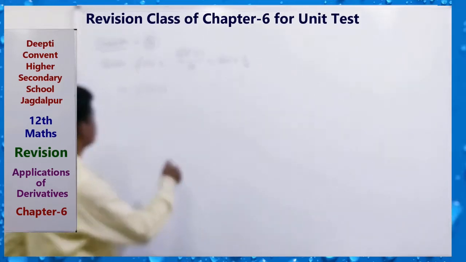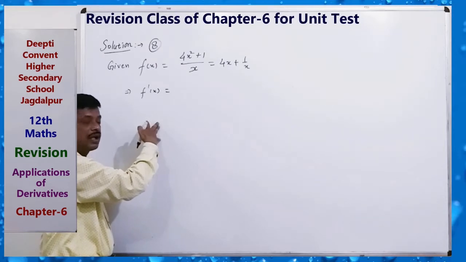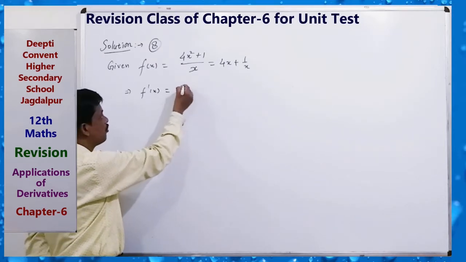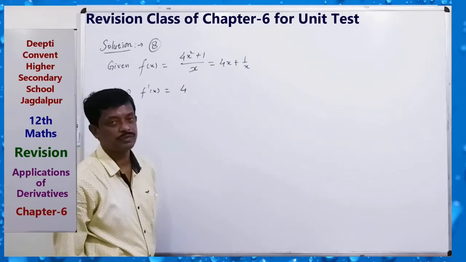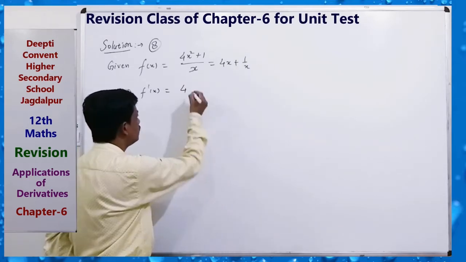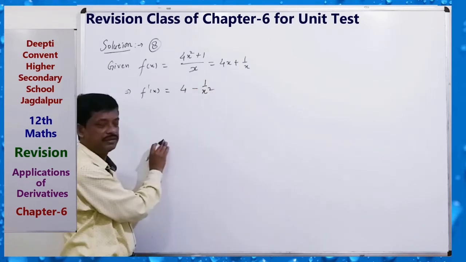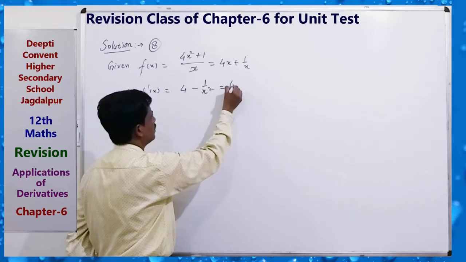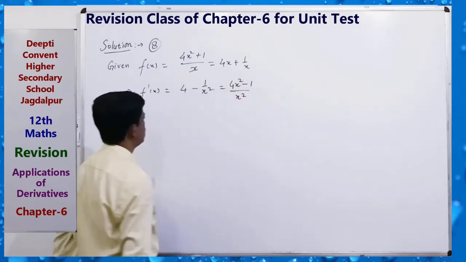Very simple. f'(x) will be 4, and the derivative of 1 by x, that is x to the power minus 1, is minus 1 by x square. This can also be written as (4x square minus 1) upon x square.